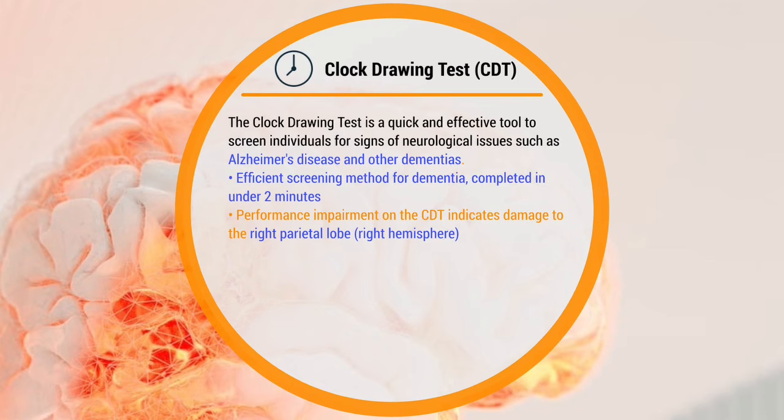It can be done in under 2 minutes, and the performance of this task can give you a little insight into which brain damage the patient has suffered. For example, it can indicate right parietal or right hemisphere damage. So they are the same. Right parietal is the same thing as the right hemisphere.